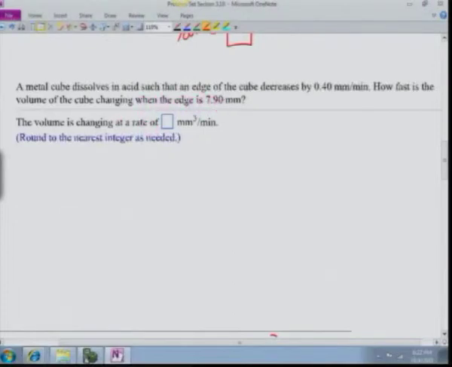When the edge is this amount. So, what do we know? Let's do this. I'm not an artist, but something like that. Okay, so that's a cube, or supposed to be, and do you know what the volume of a cube would be?